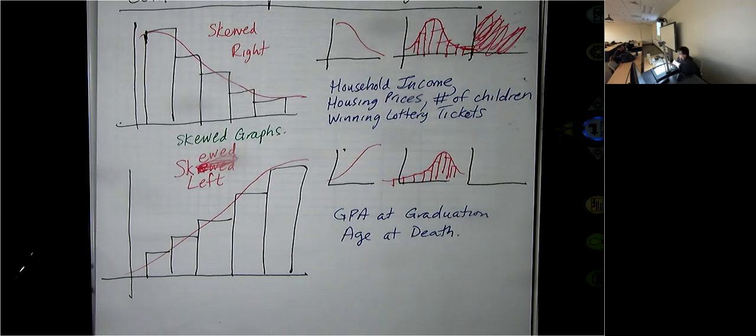Let's see, anything else that's high, but very few lows? Normally I put weight in a different category, but I'm betting weight goes in this category nowadays. I bet we're skewed left. In America, there are a lot of heavy Americans, not slender or ideal weight. We tend to lean on the right, but I'll pretend that it's not in that category. I can't think of any other. Those are the skewed graphs.